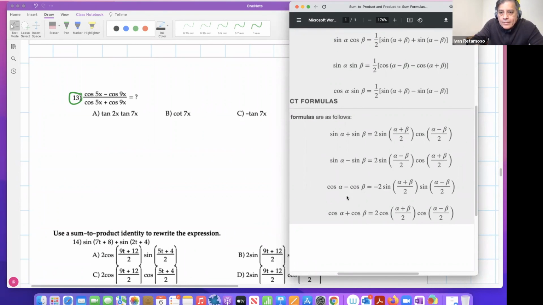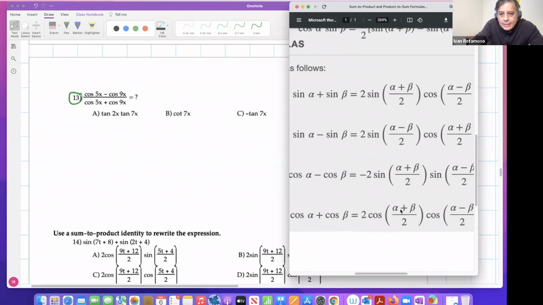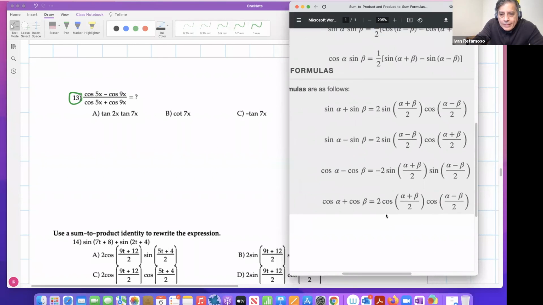For the denominator, the fourth one. Look, this guy we use for the numerator, cosine minus cosine, and this guy for the denominator, cosine plus cosine. Let's do it. Try. Then we'll do it together.